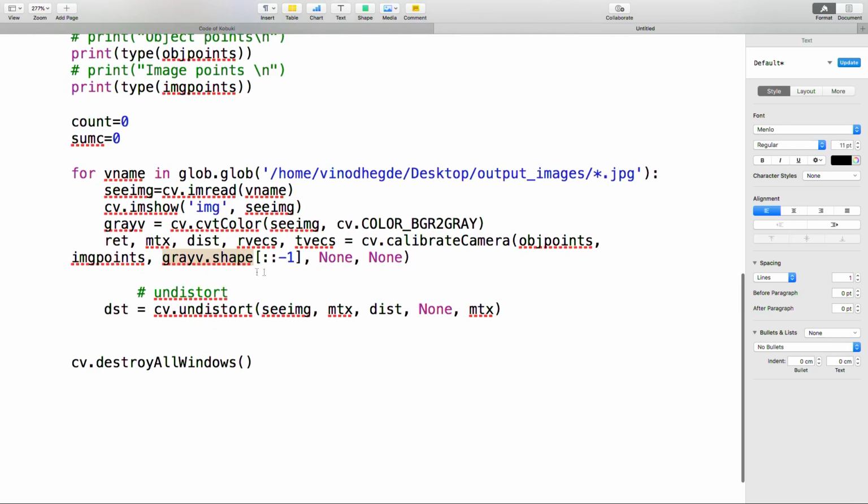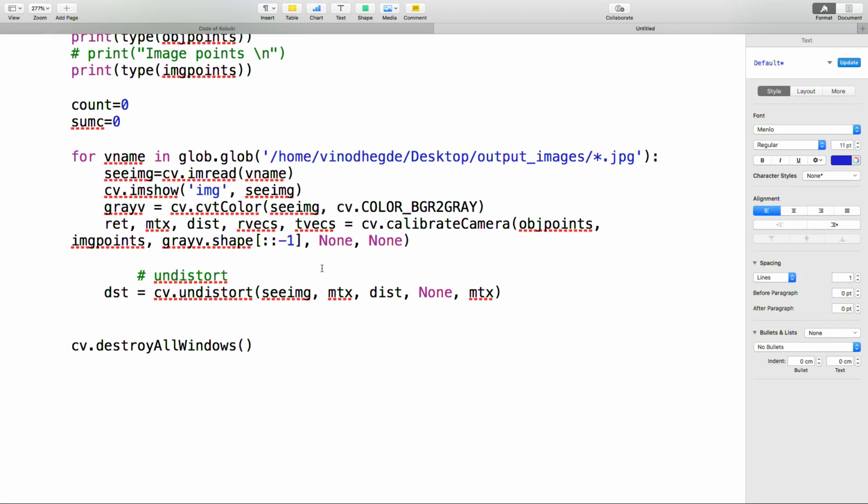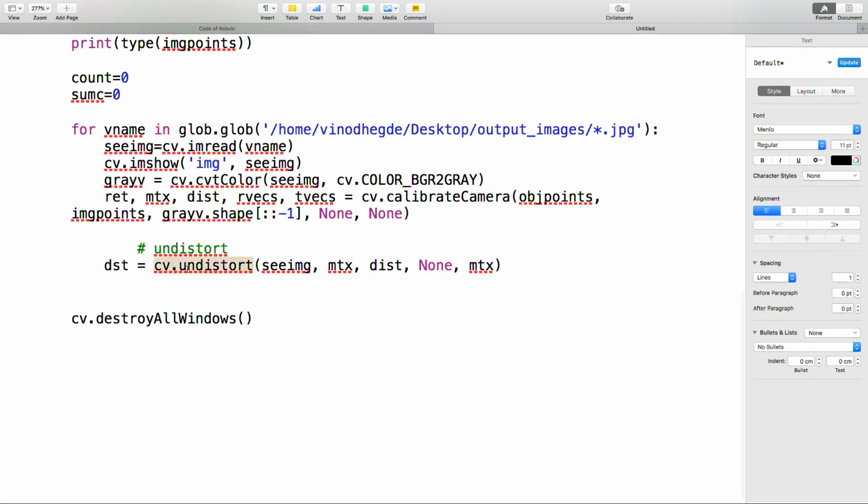You are trying to estimate what is known as the camera matrix and the distortion matrix, apart from the rotation vector, rvecs, and the translation vector, the other parameter. For the moment we are not looking at rotation and translation vectors, we are only interested in the camera matrix and the distortion coefficients.